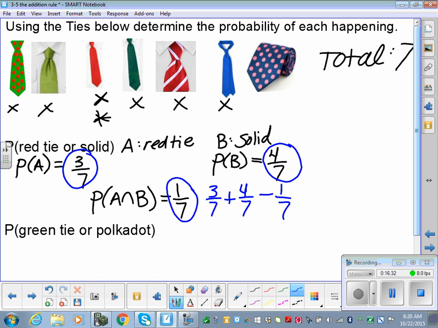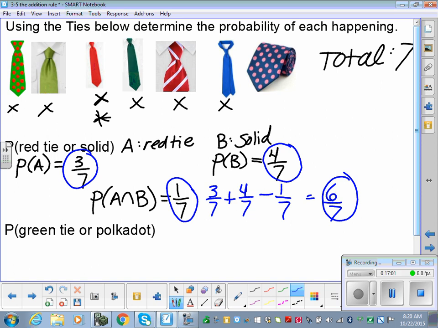Since these all have the same denominator, we can just add straight across. 3 plus 4 is 7 minus 1, which is 6 out of 7. So the probability we get a red tie or a solid is 6 out of 7. I'm just going to leave it as 6 divided by 7. Do you have questions on how I got that? That's my answer. Now that was the formula way.